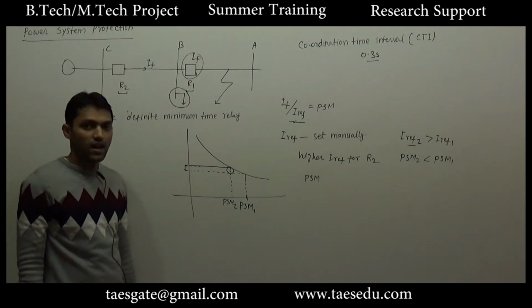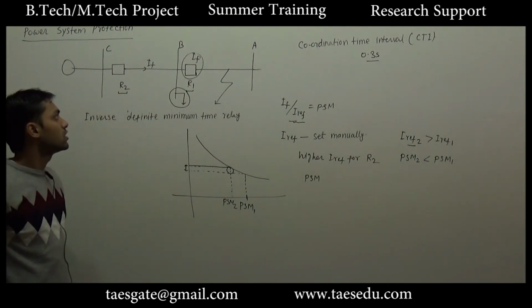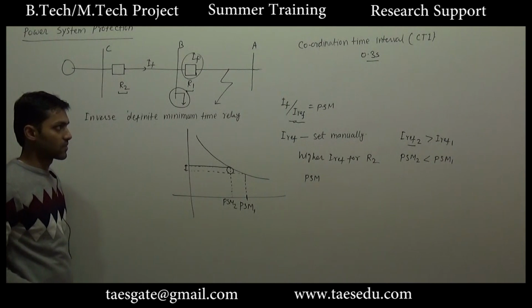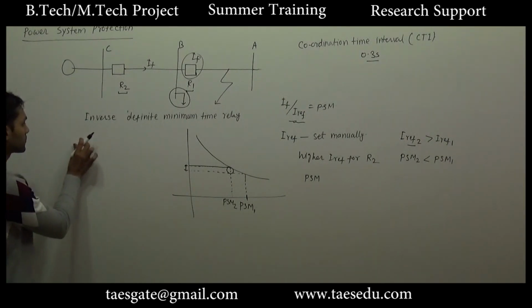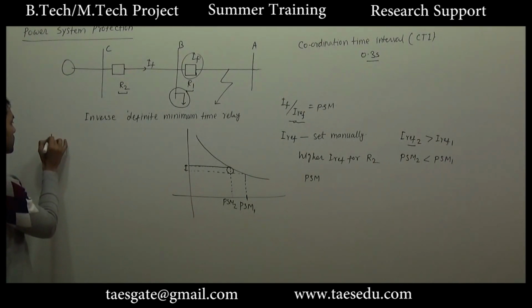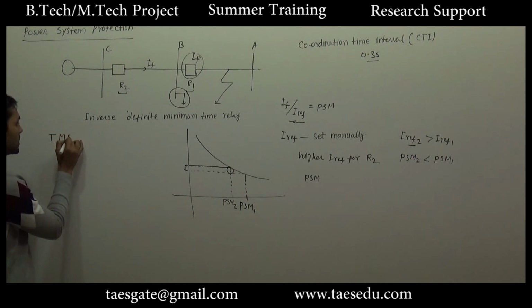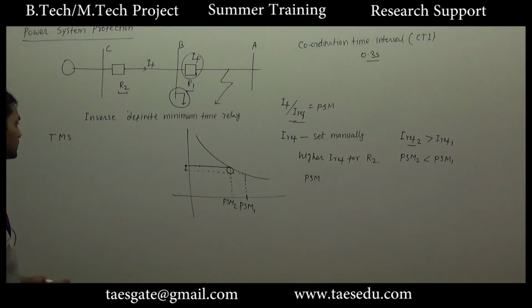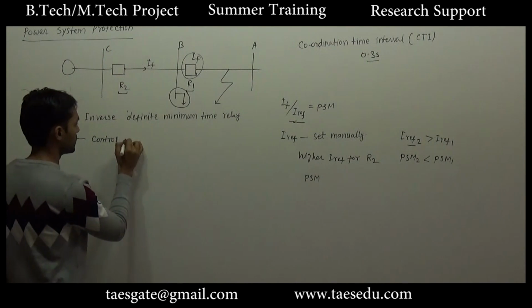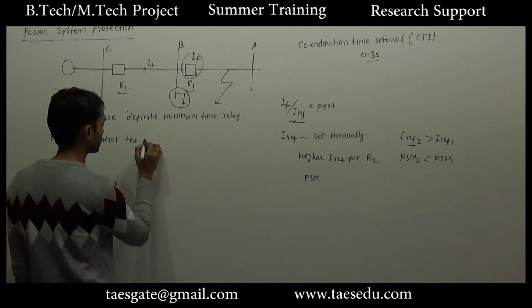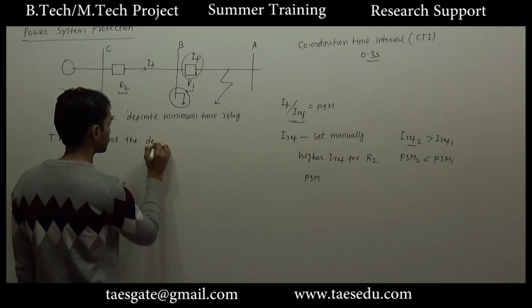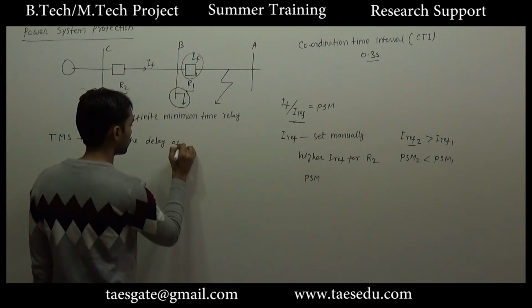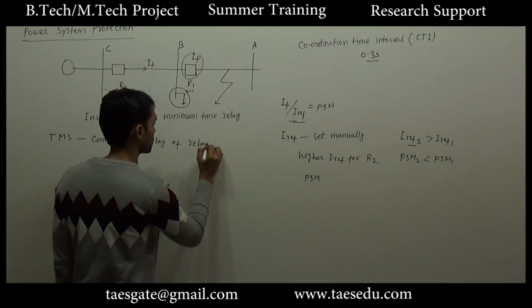So we should have an additional feature to control the operation time of the relay. Fortunately we have an additional feature known as time multiplier setting. Time multiplier setting controls the delay of relay operation.